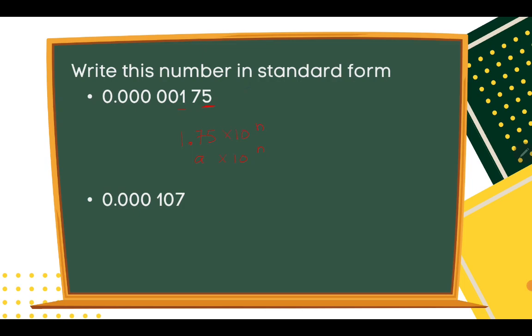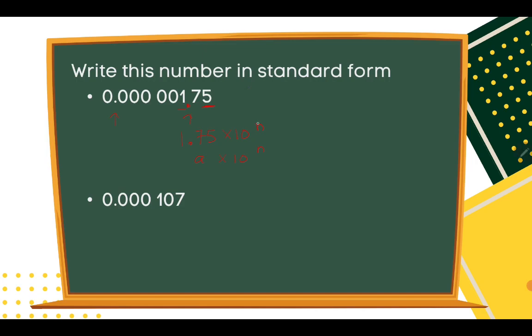What is the difference here? First, the dot is over here. And now, to make this number happen, you need to move the dot to the left or to the right? To the left. From here to here. Now, if you move the dot to the left, it means you divide, right?